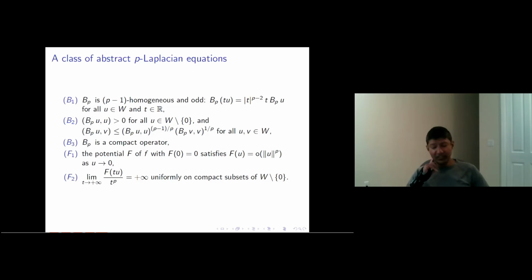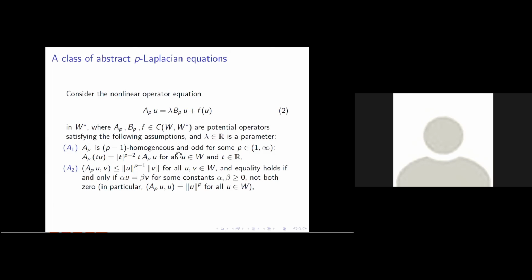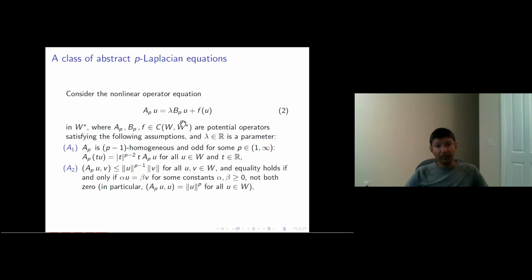So in our setting, this B_p corresponds to the term u to the p minus 1. So going back to the original problem, the Brezis-Nirenberg problem for the p-Laplacian, this B_p is the term mod u to the p minus 2 u.